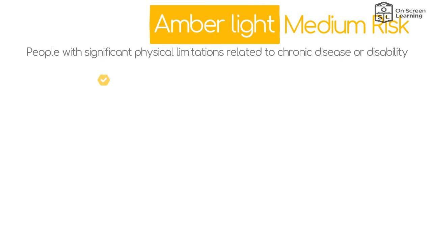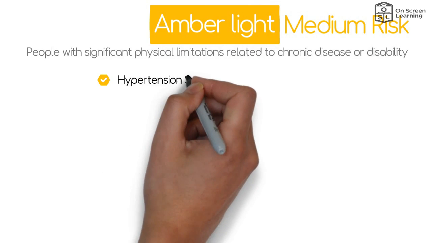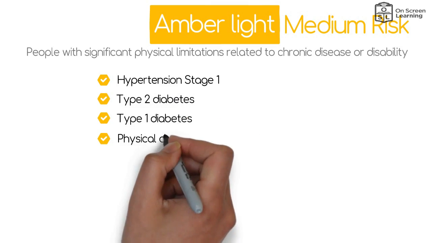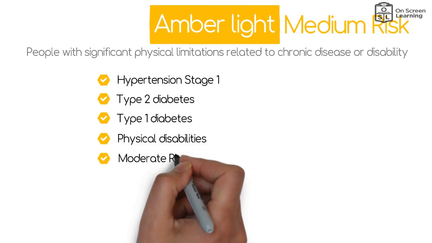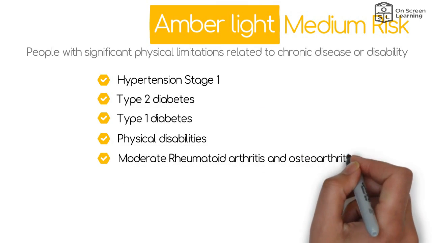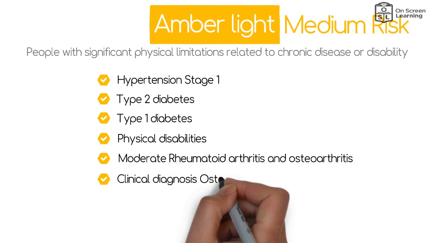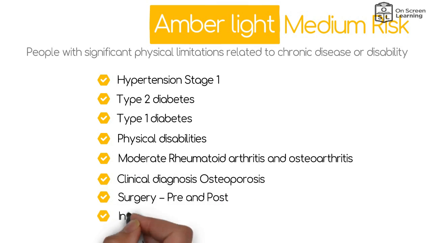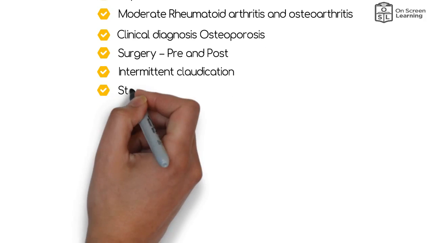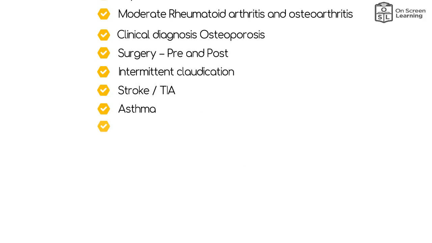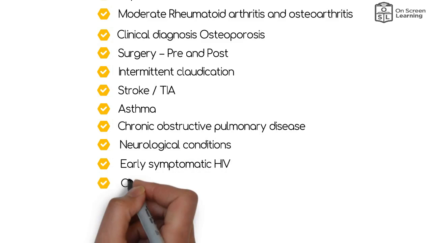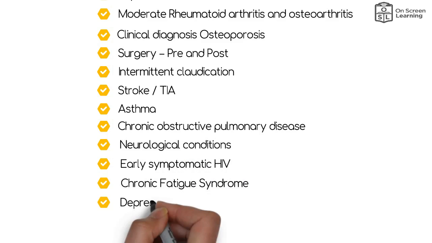The risk tool looks at topics such as hypertension stage 1, type 2 diabetes, type 1 diabetes, physical disabilities, moderate rheumatoid arthritis and osteoarthritis, clinical diagnosis osteoporosis, surgery pre and post, intermittent claudication, stroke or TIA, asthma, chronic obstructive pulmonary disease, neurological conditions, early symptomatic HIV, chronic fatigue syndrome, depression, or fibromyalgia.